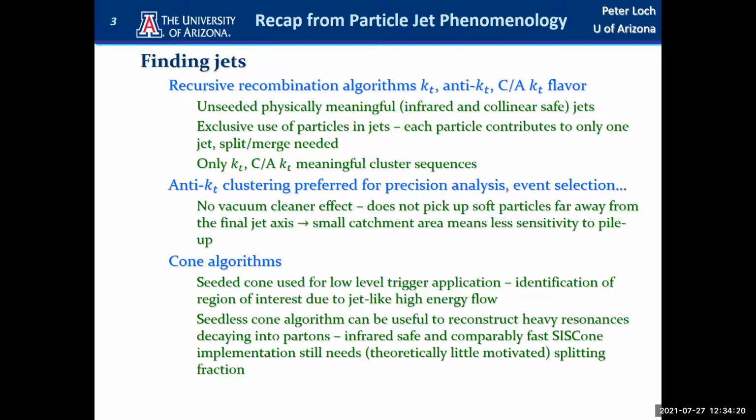This means that in the recombination the jet axis moves a lot at the beginning, and thus the kT jets have a really large catchment area, which makes them very sensitive to pileup. The anti-kT is pretty stable in terms of direction right from the first recombination, and typically shows a small catchment area with much less sensitivity to pileup.